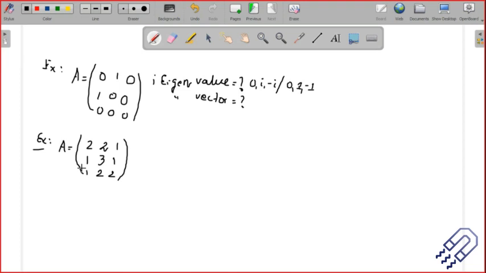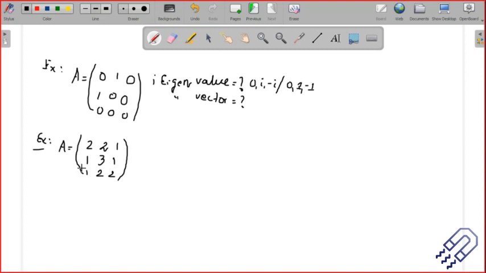So I got the eigenvectors. For eigenvalue 0, the eigenvector is 0 0 0, for eigenvalue 1 it is 1 1 0, and for -1 it is -1 1 0. Sir, we have to normalize the vectors also here. Yes.